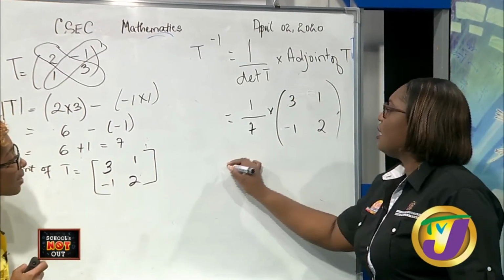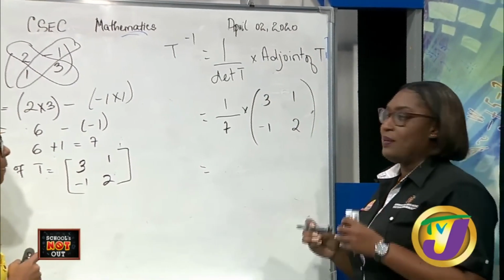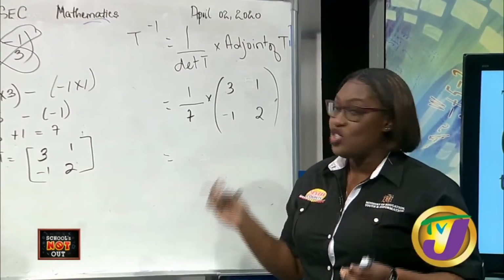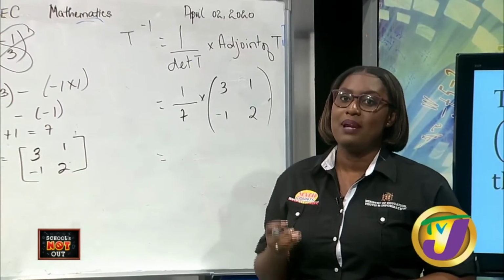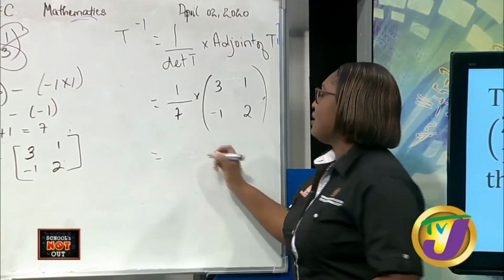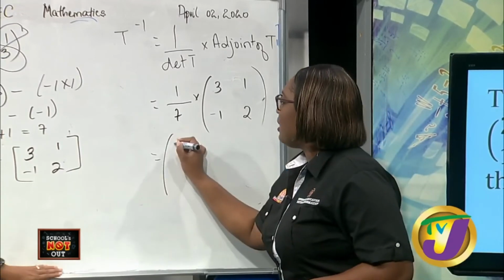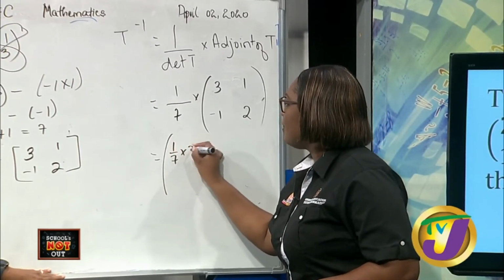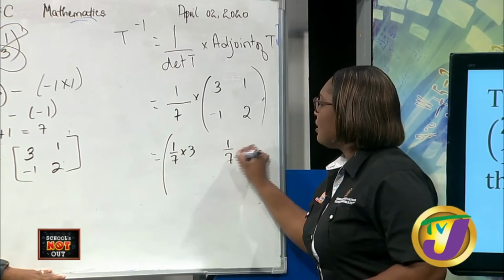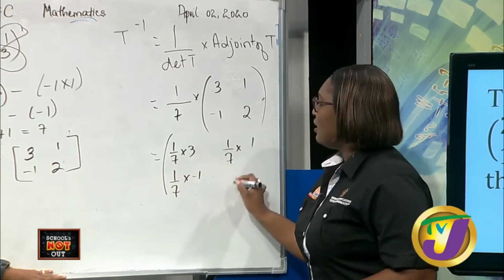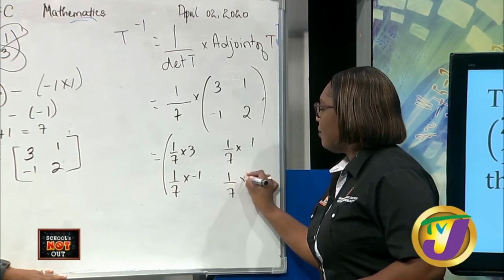Remember, scalar multiplication: every element in my adjoint matrix must be multiplied by 1/7. So I'm going to write it out for you this time. It's going to be 1/7 times 3, 1/7 times 1, 1/7 times negative 1, 1/7 times 2.